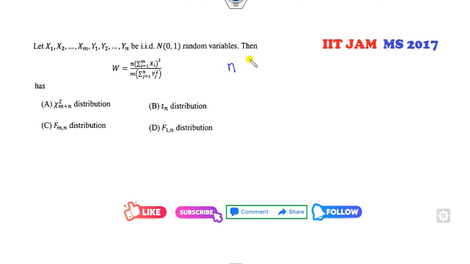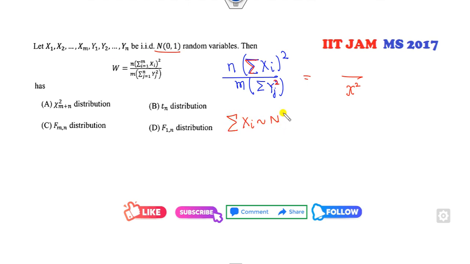Okay, so your target, I can write as summation xi square divided by summation of yj square. Clearly the denominator is a square, so it will look like a chi-square. What is xi? Xi follows a normal distribution with mean 0 and variance 1.